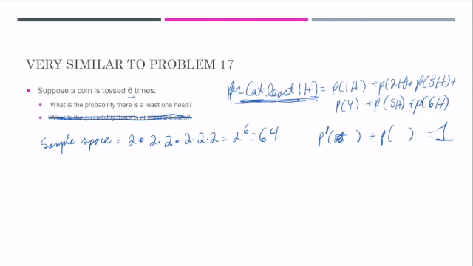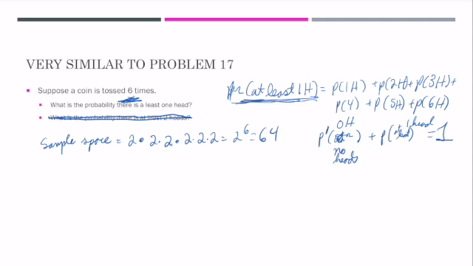So if my event is at least one head, what's the converse of this event? Well, the converse of this event is 0 heads, or no heads, okay? That's something that's a lot easier to calculate, right? How many ways could I get no heads if I flip a coin 6 times? There's only one way, okay?